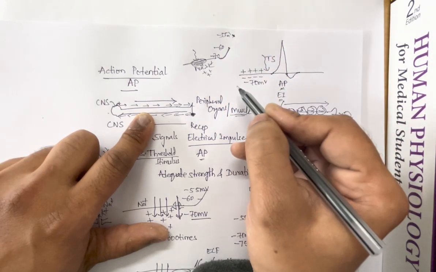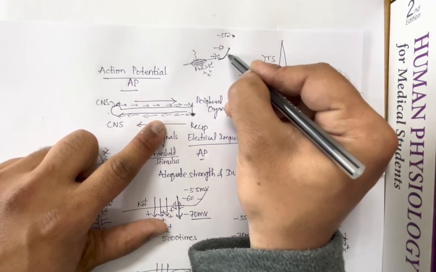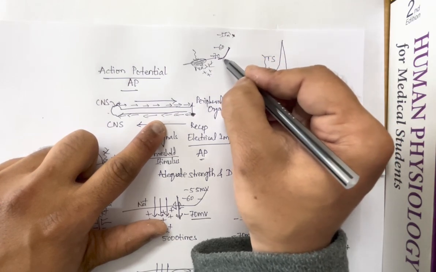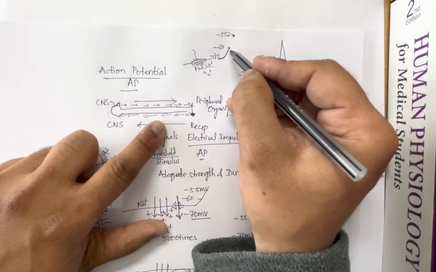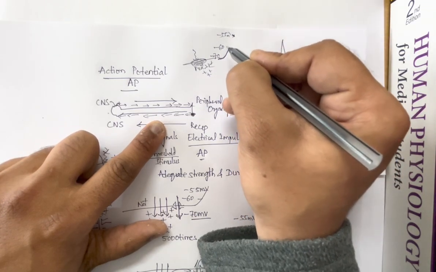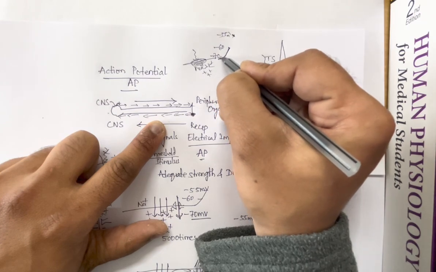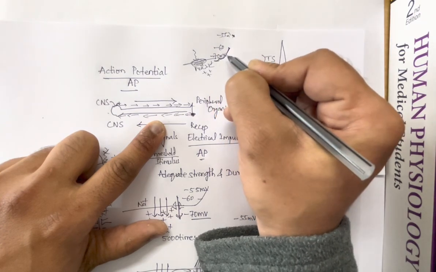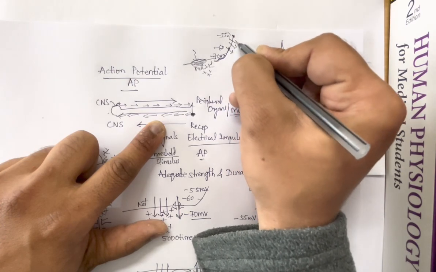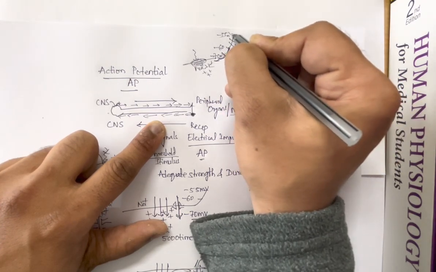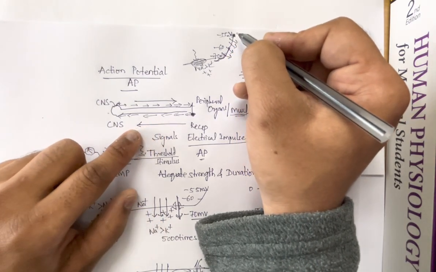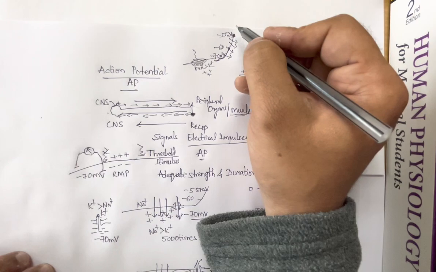So this is called a local potential or graded potential because of the sub-threshold stimulus, and this will not generate the action potential. Only when the membrane potential is taken from minus 70 millivolt to the firing level because of influx of more and more positive charges, and reaches the firing level, then only there is generation of action potential. You must know that.